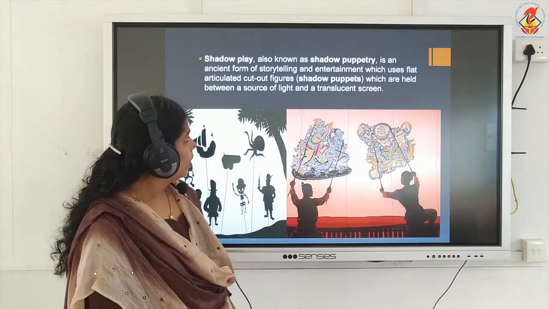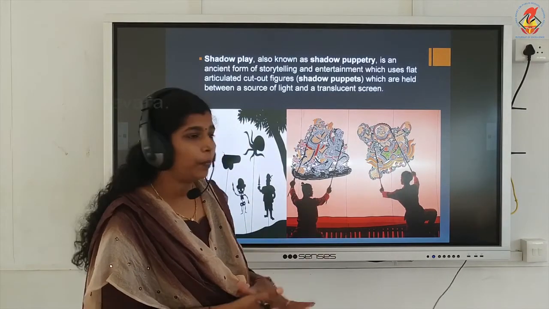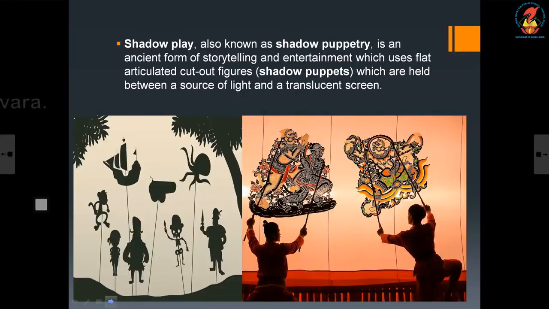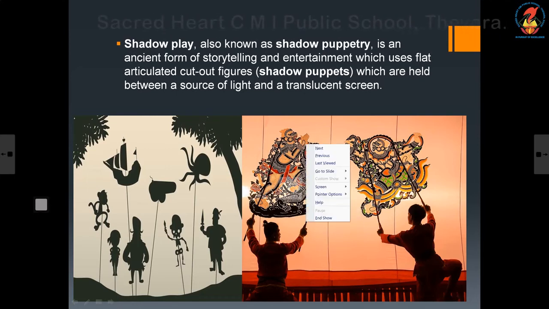Okay. Then this one is shadow play. That is an ancient form of storytelling and entertainment which uses flat cut out pictures which are held between the source of light and the translucent screen. So, the source of light should be here, this one is a screen, and this one is an object.